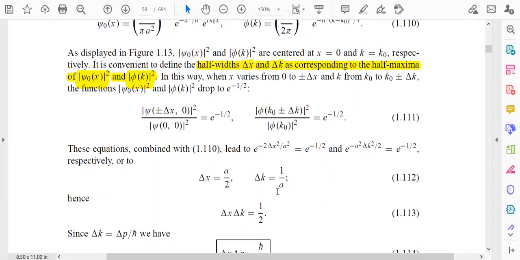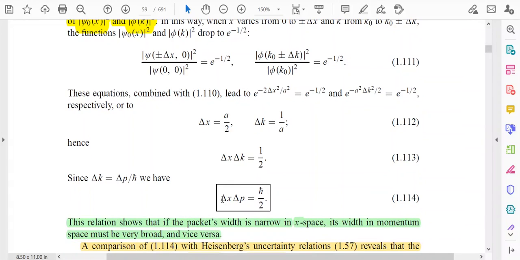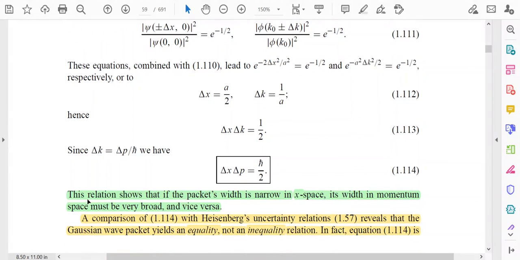So if we multiply them, we obtain delta x delta k is equal to half. Since delta k is equal to delta p by h cut, we can write the above relation this way, that is delta x delta p is equal to h cut by 2. This relation shows that if the packet's width is narrow in x space, its width in momentum space must be very broad and vice versa.